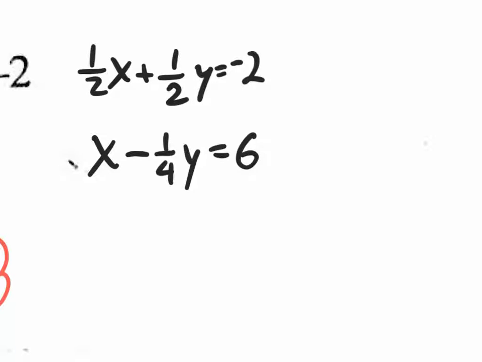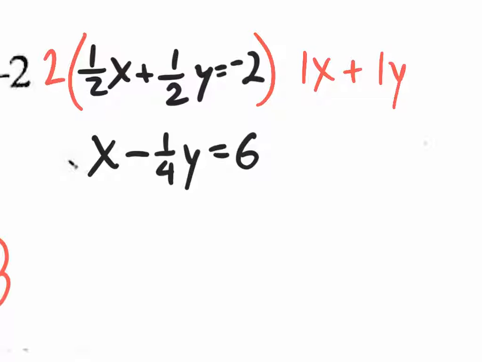So once again, you could focus in on this system that has now fractions instead of decimals, and you could modify the equation so you could get rid of the fractions. On the top one, you could get rid of all fractions by multiplying everything by 2, and you would get 1x plus 1y equals negative 4.